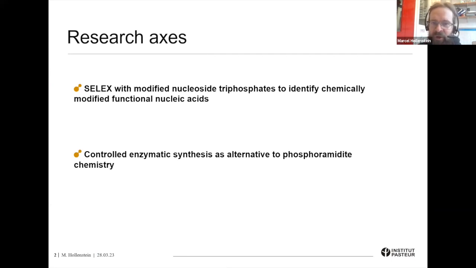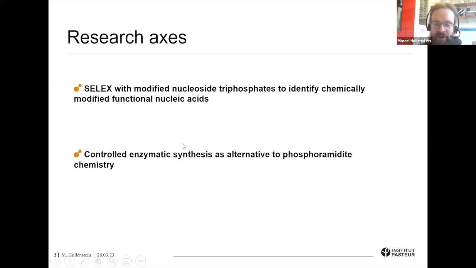Obviously, we're by no means close to what Nebosa and Larry are doing with fantastic somamers, but we try to expand the chemical diversity that is available in aptamer selections and try to improve the properties of aptamers.